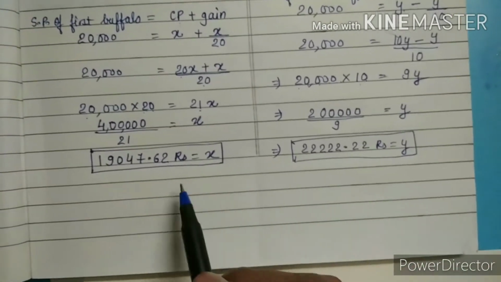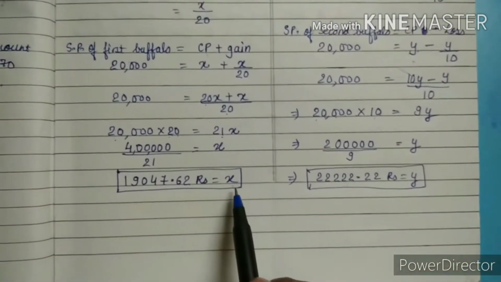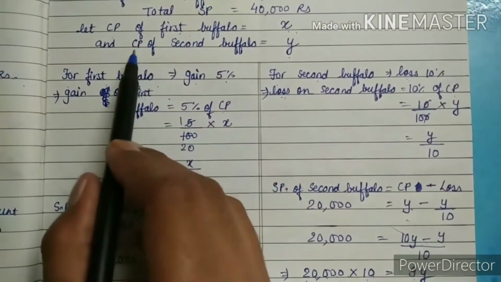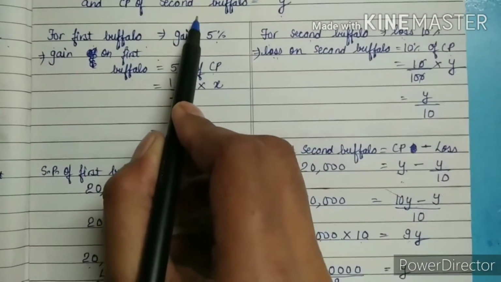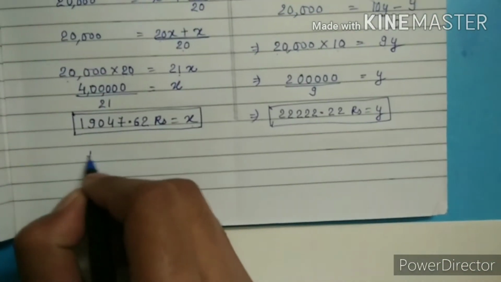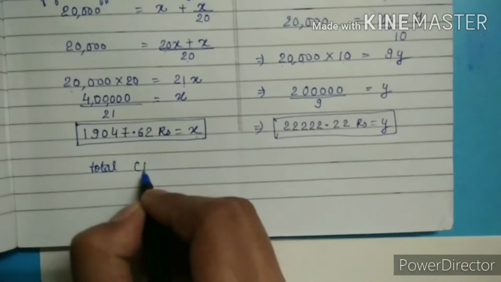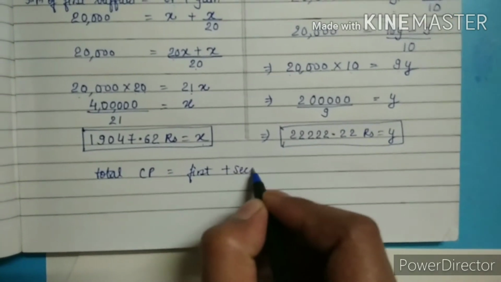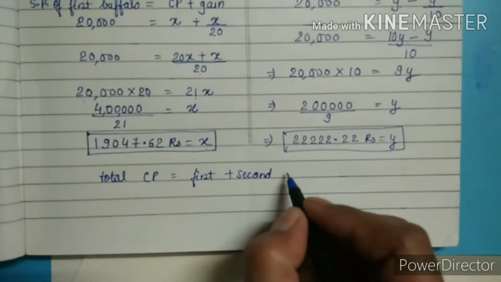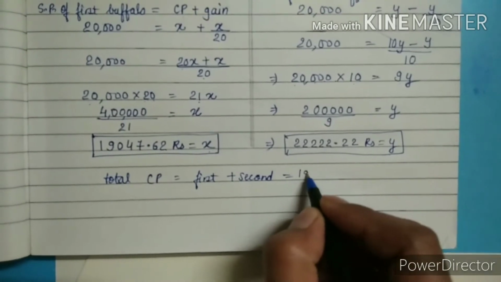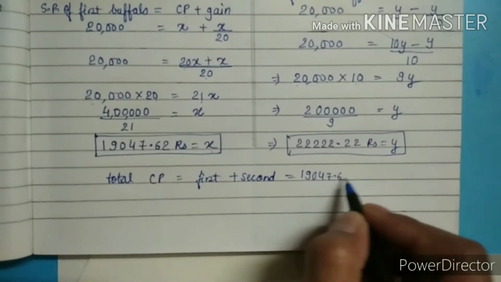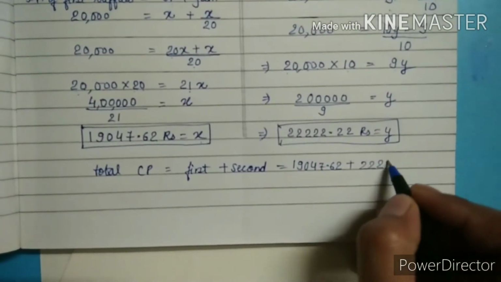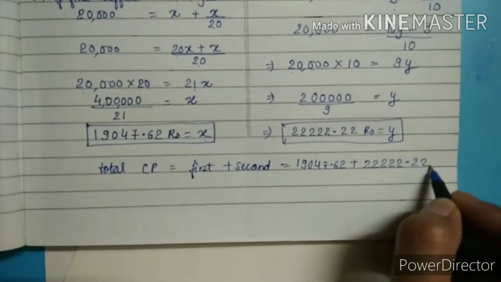So this we get as the cost price, because we supposed x and y as the cost price of the first buffalo and the cost price of the second buffalo. So the total cost price is the first one plus the second. The first is 19,047.62, and the second one is 22,222.22.